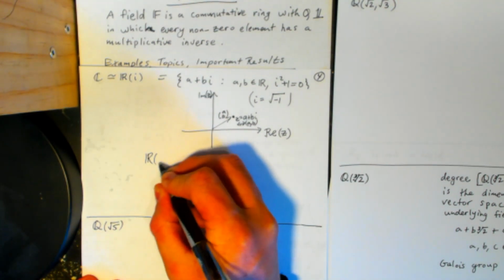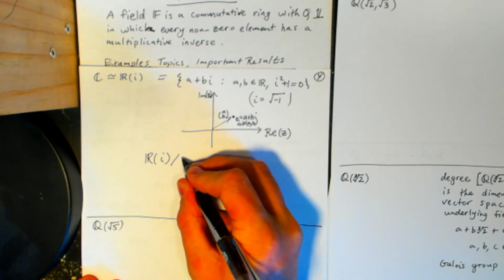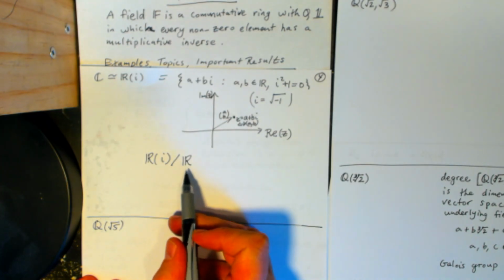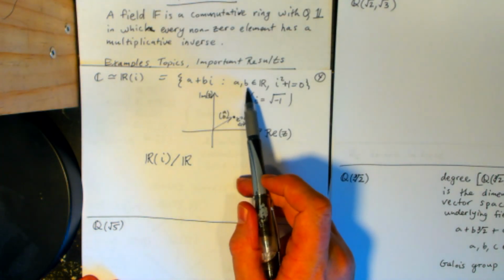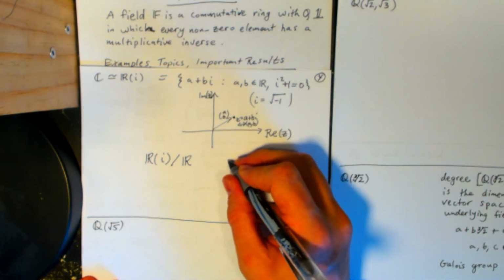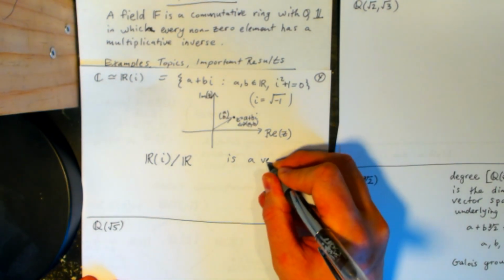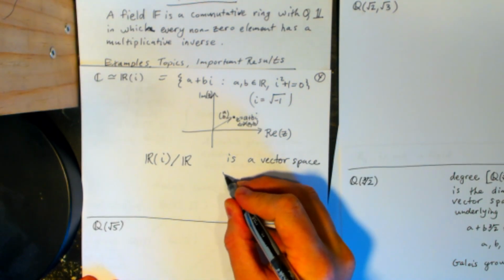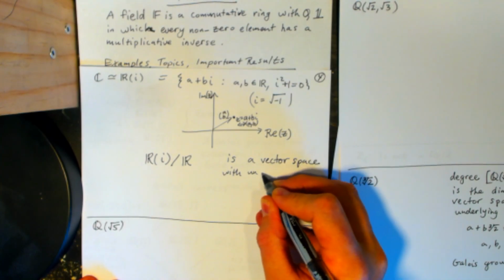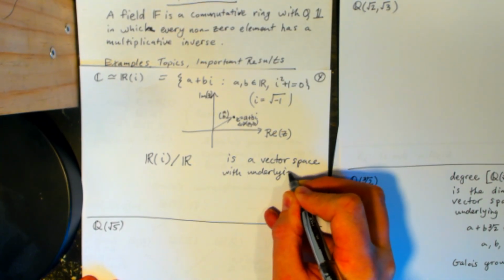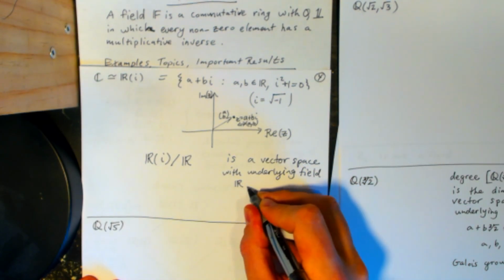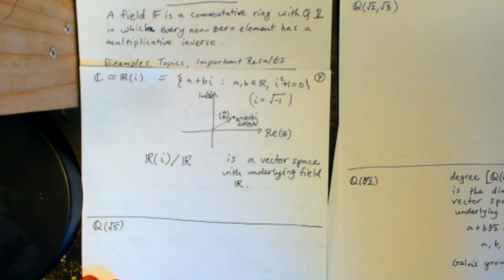Okay, so we've described this geometrically now, but there's also a field extension here. Right, so we have an extension of the real numbers because the A and the B belong to the real numbers, and this is also a vector space with underlying field R, because remember, when you have a vector space, you need to talk about it in terms of its underlying field.